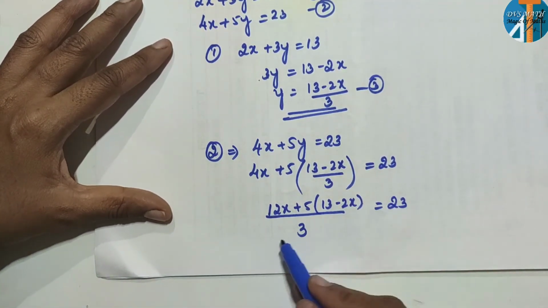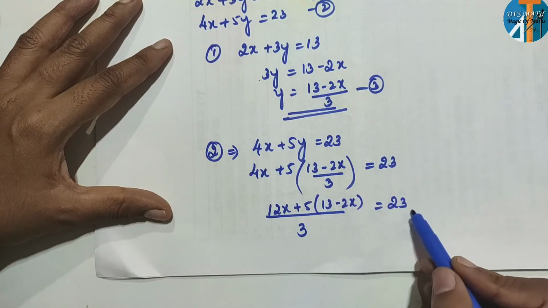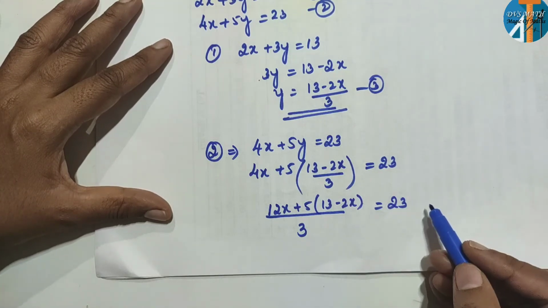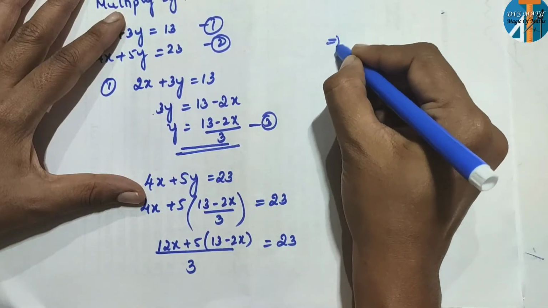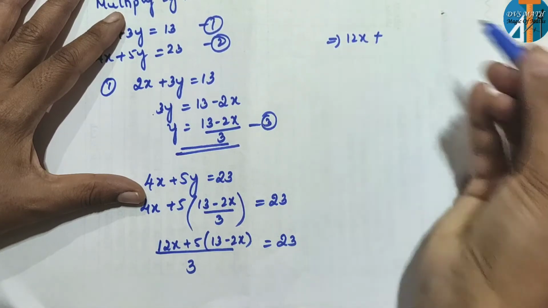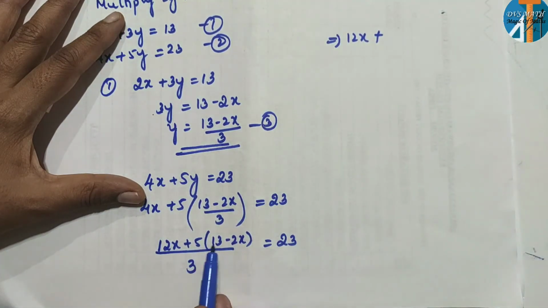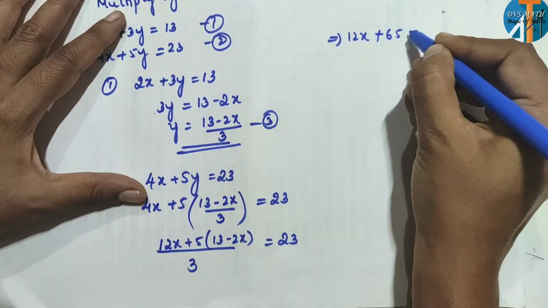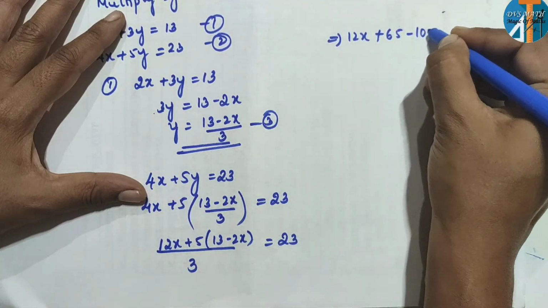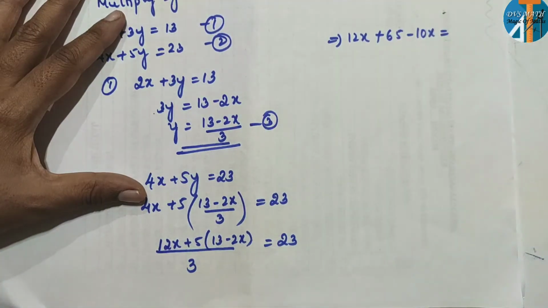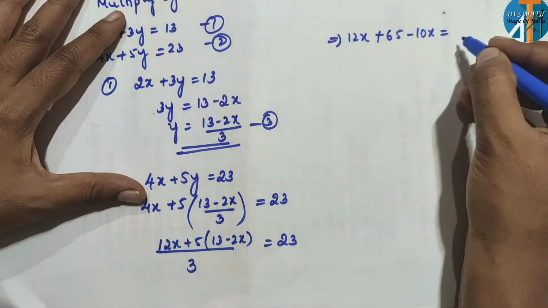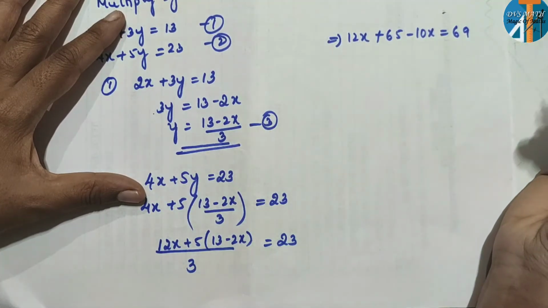Now it is cross multiplication. Take this 3 to the RHS, it becomes multiplication: 23 into 3. So 12x plus, multiply 5 also: 5 times 13 is 65, minus 5 times 2x is 10x, is equal to 23 into 3. 23 into 3 is 69.